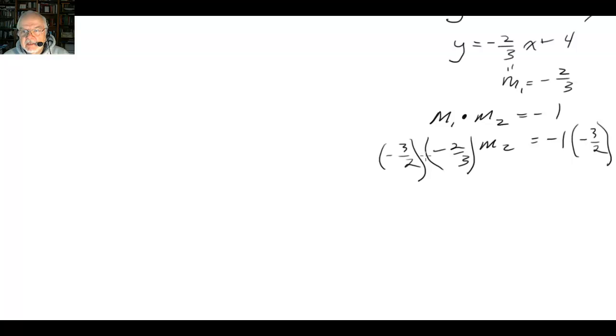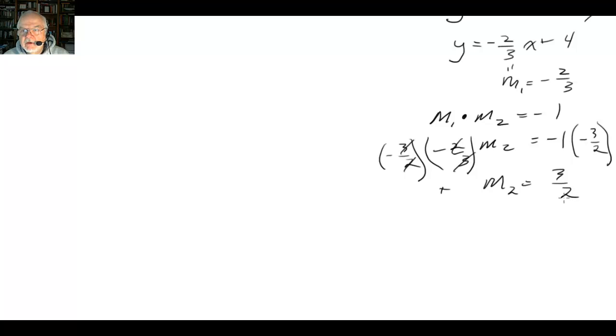A minus times a minus is a plus. The 3 cancels with the 3, that's a 1. The 2 cancels with the 2, that's a 1. So all we're left with is m2 equals -1 times -3/2, and a minus times a minus is plus, so this becomes 3/2.